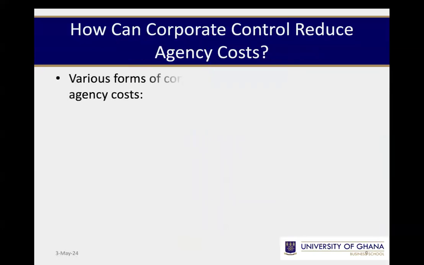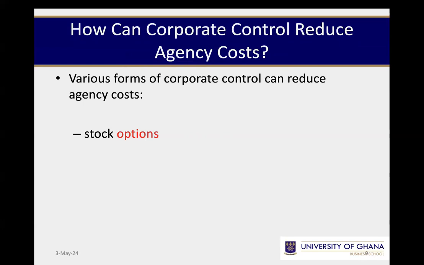Now, there is the market for corporate control, which can actually help to reduce agency costs. At least that's the argument. The argument is that if there's a market for corporate control, meaning acquisitions, takeovers, etc., it means that if a firm is not operating in the best interest of the parent company, another entity could actually take over that subsidiary, buy it off, and then get rid of the management that is not delivering in the best interest of shareholders.